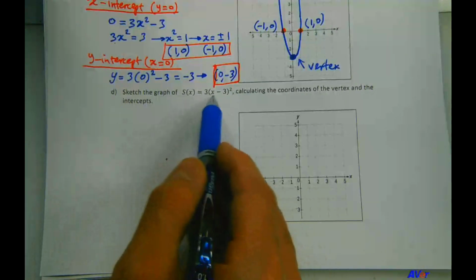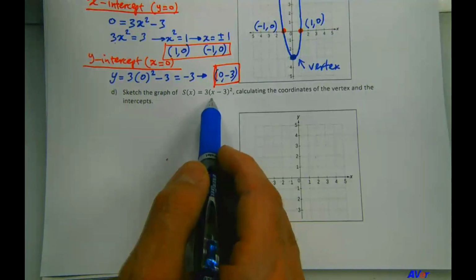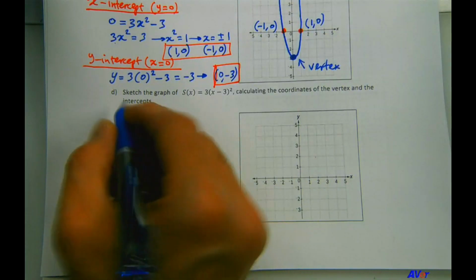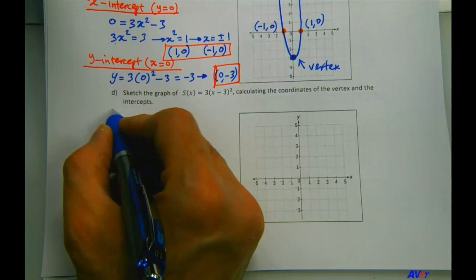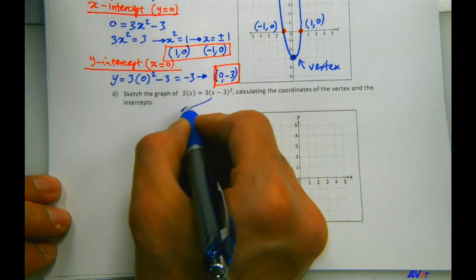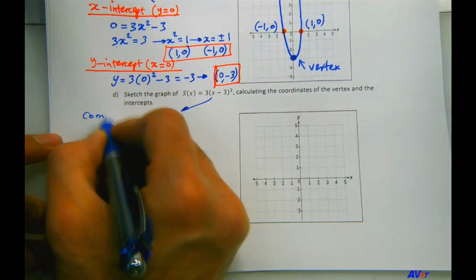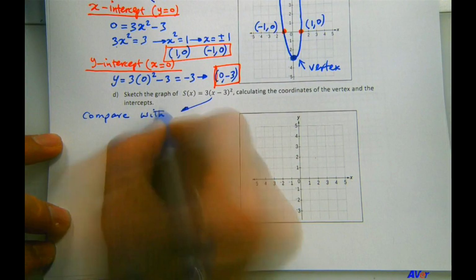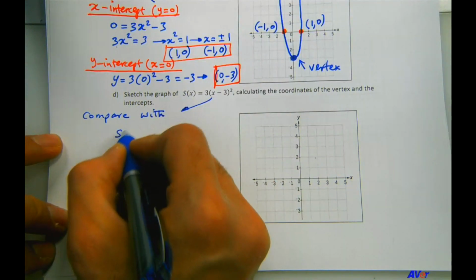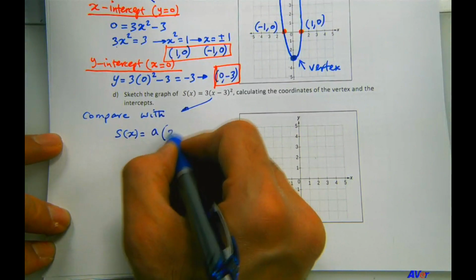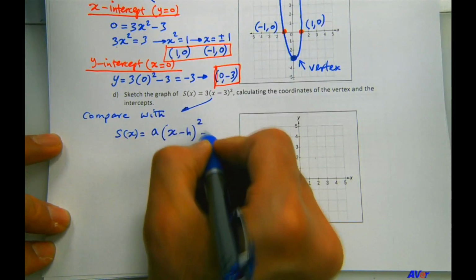So once again, this equation is given to us in the form of a standard quadratic equation. And compare this with s of x equals a times (x minus h) squared plus k.